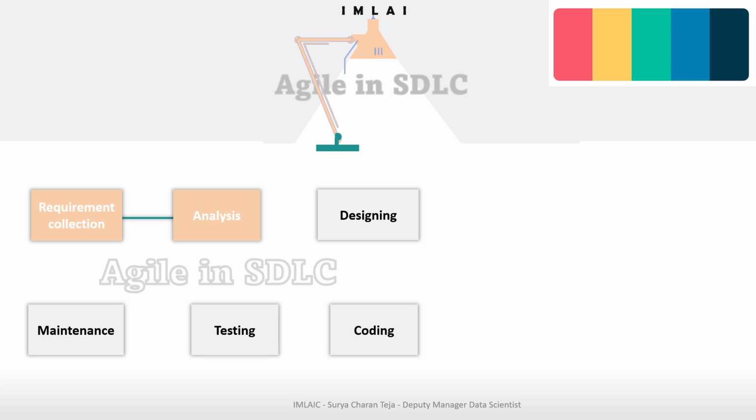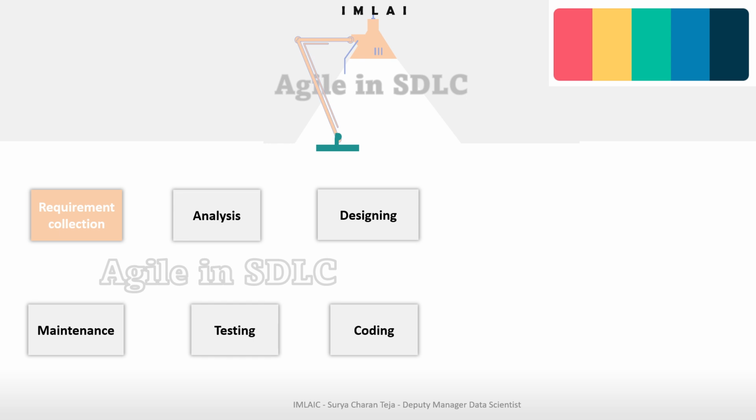Now, if you look into the agile methodology, it fundamentally aims to gain high productivity rather than a heavyweight process. It works on less planning and divides a task into small subtasks or small increments with the efforts of teamwork.